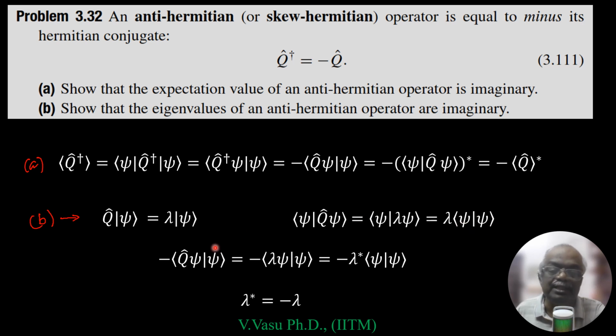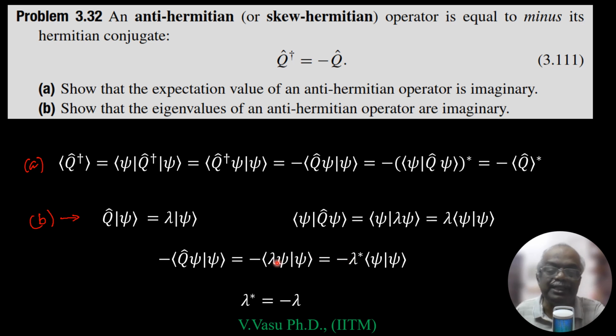Now instead of taking this Q to the ket vector, you bring it to the bra vector. So Q dagger in this case is minus Q. So when Q acts on psi, you will get lambda psi. Remember that there is a negative sign.